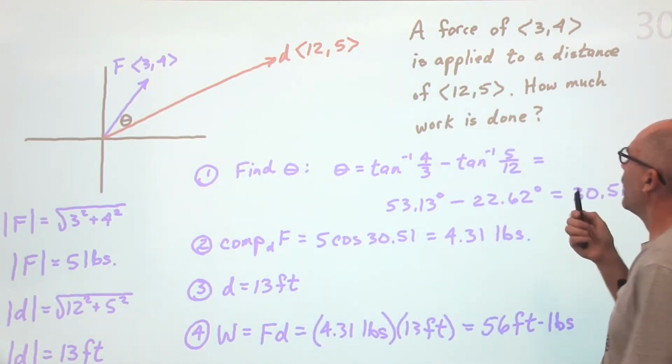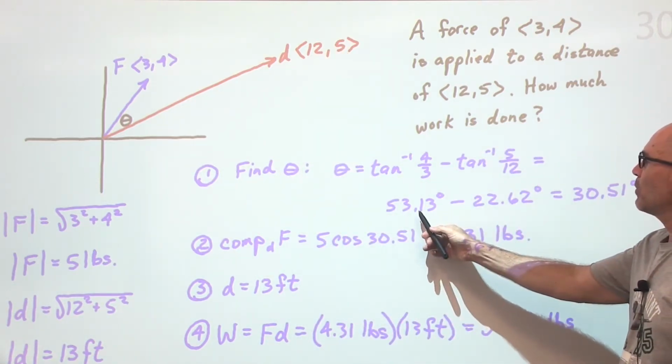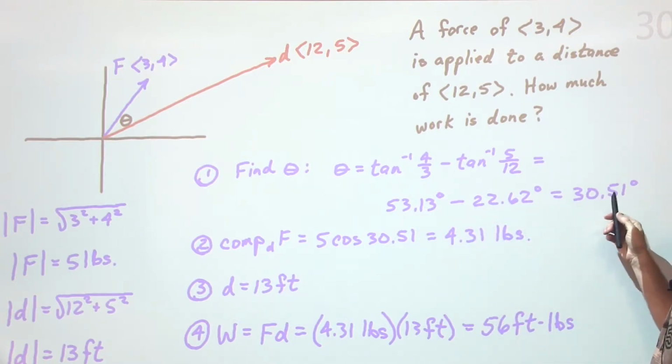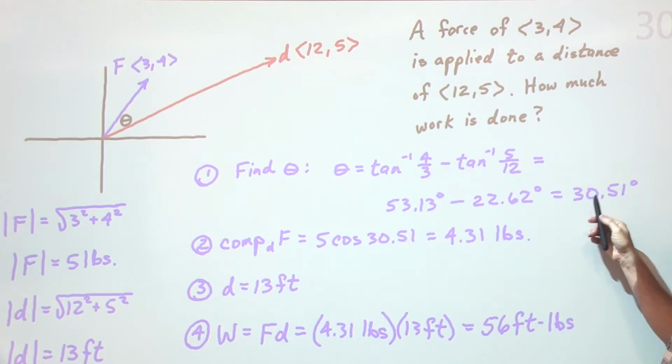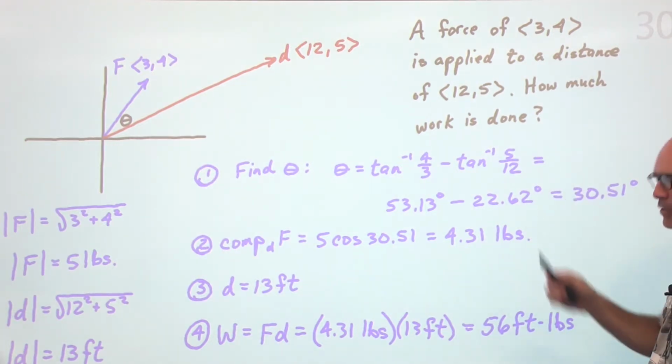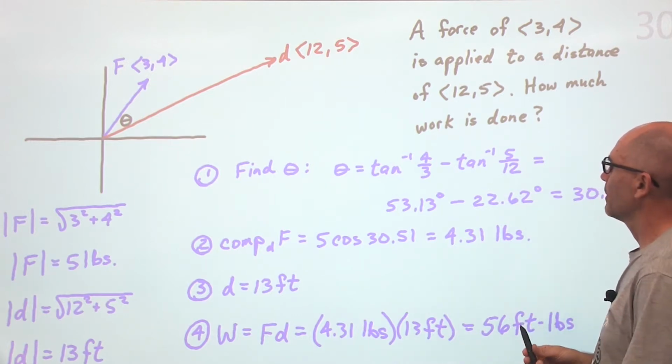And so now I end up with 53.13 degrees minus 22.62 degrees. So the theta I'm interested in is 30.51 degrees. That's the angle in between the force and the distance.